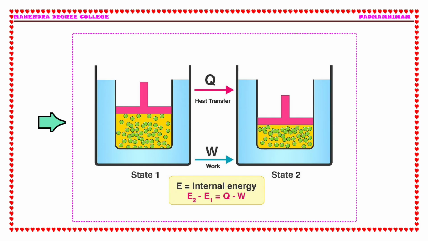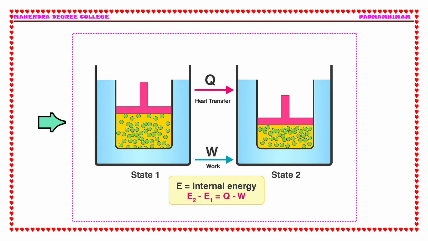Work W represents the system performing work, which in this case is shown by the upward movement of the piston, indicating expansion and work done by the system.